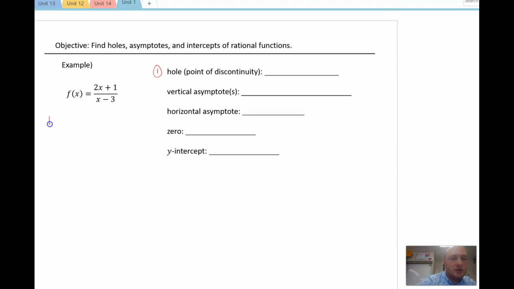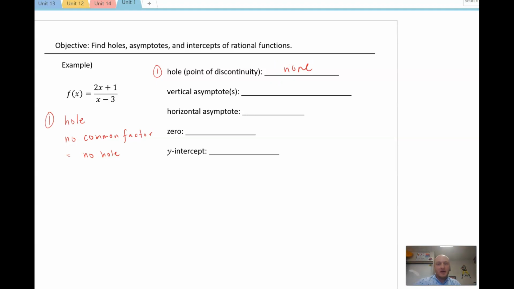No, I didn't. So for the hole, we have no common factor, which means no hole. Very simple. We can just say none on that.